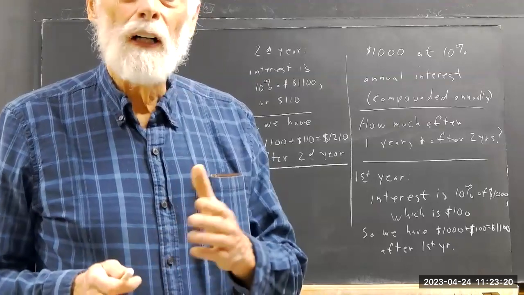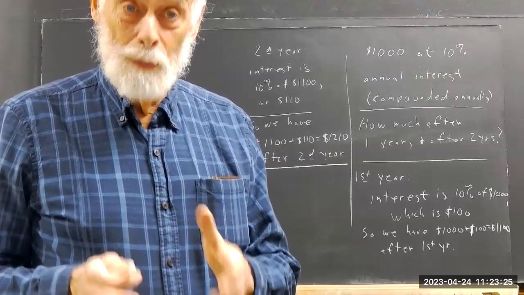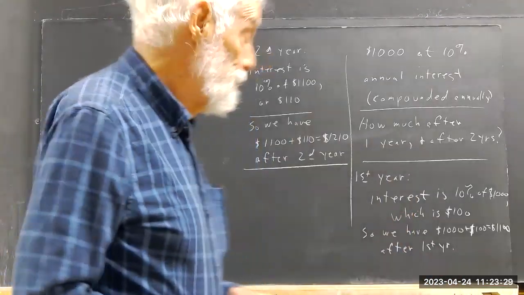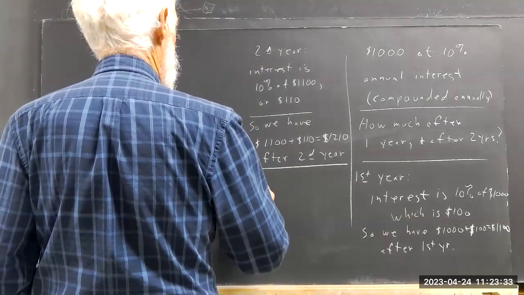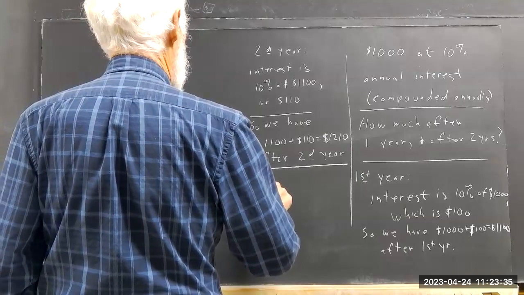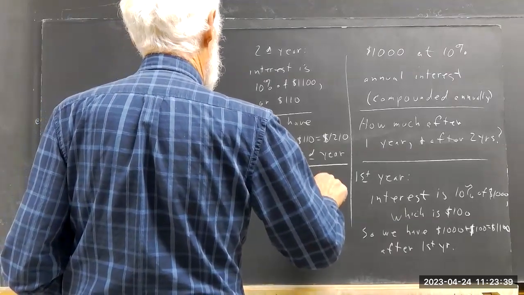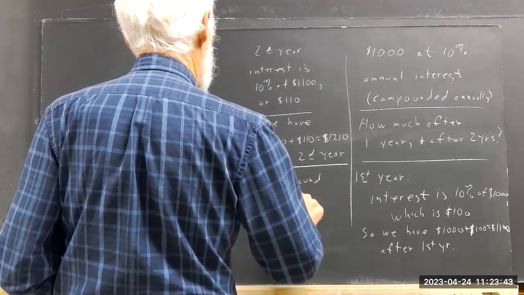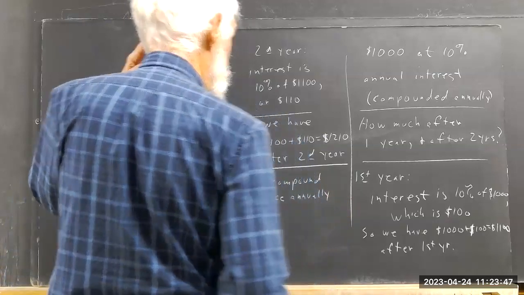So I'm going to give you 5% at the end of 6 months, and then 5% of whatever you have at that point at the end of the year. So what we're doing is compounding twice annually.